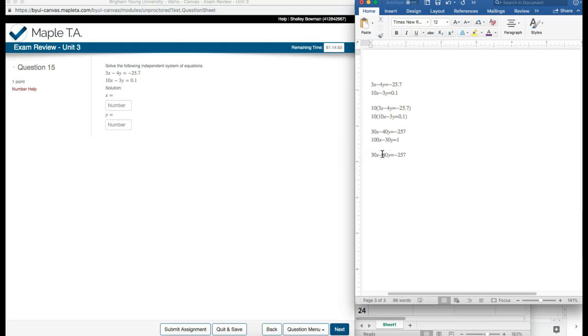Let's just solve for x. So on this left hand side we're going to add 40y, and on the right hand side we will also add 40y, and then on the left hand side we're only left with 30x, and on the right hand side we have positive 40y and minus 257.